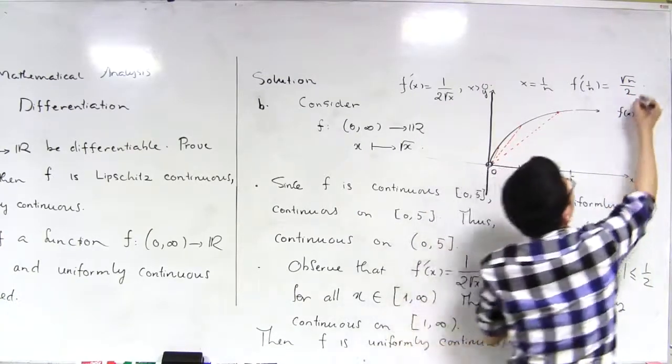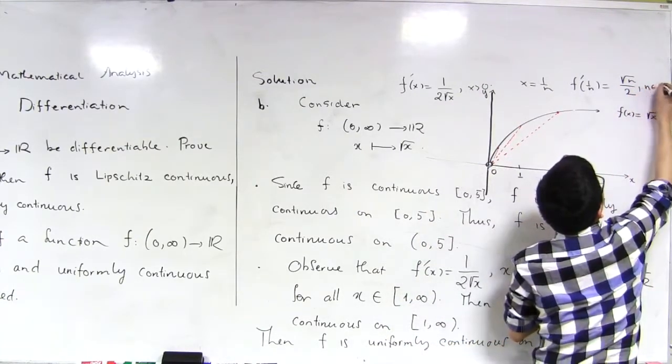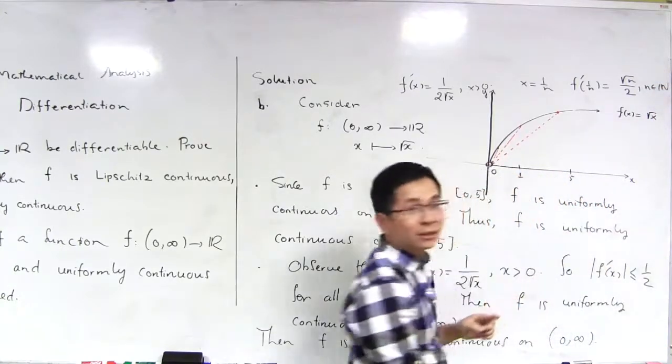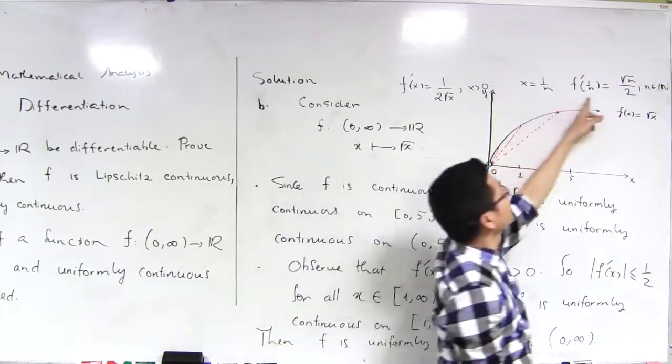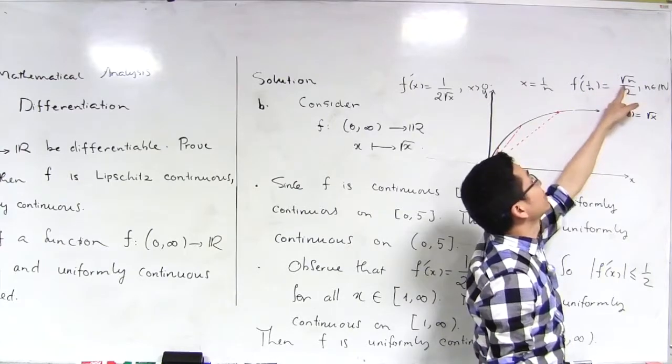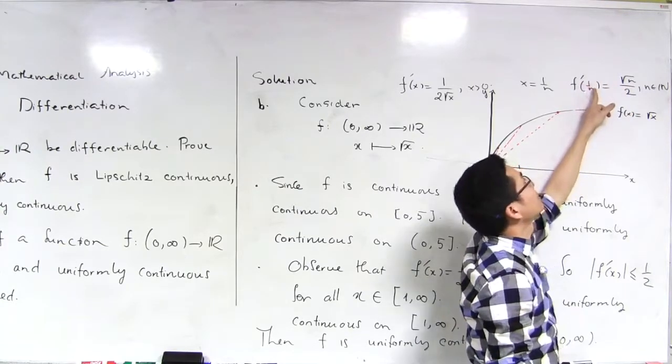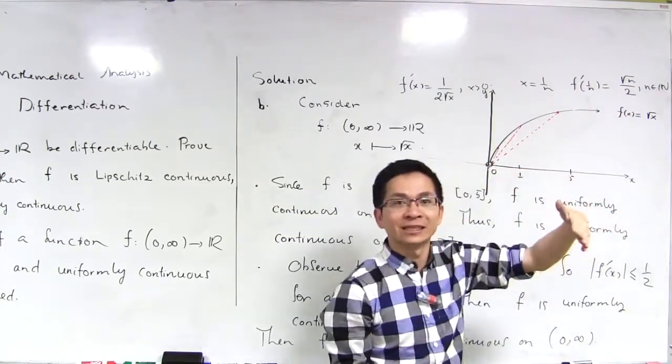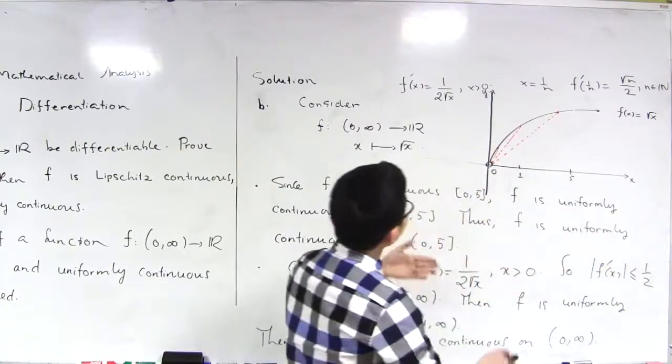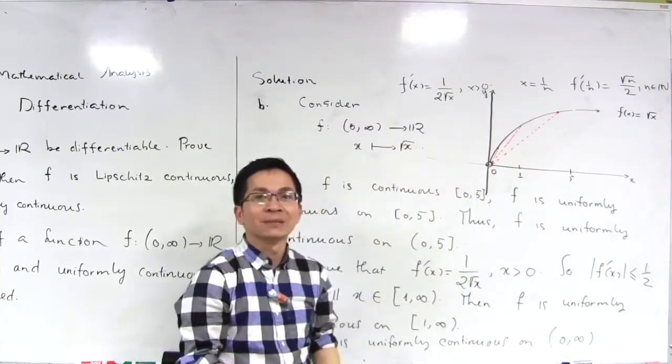So as n approaches infinity, you can see that f prime of 1 over n approaches infinity. Therefore, the derivative of the function cannot be bounded.